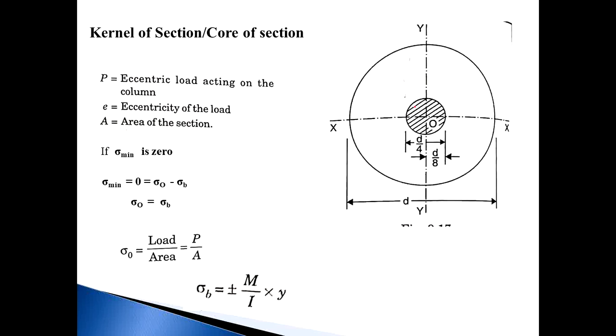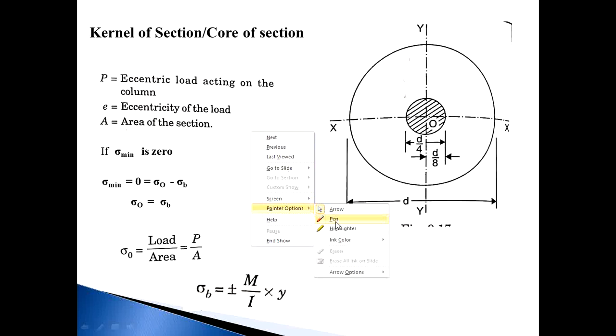Now we can consider the circular section, the kernel of the section or core of the section. That's why it indicates core of the section. Once again, P is equal to the eccentric load acting on the column and E is equal to the eccentricity of the load. Then A is equal to the area of the cross section.